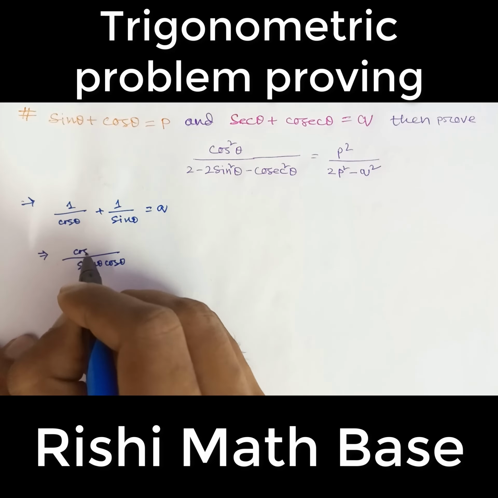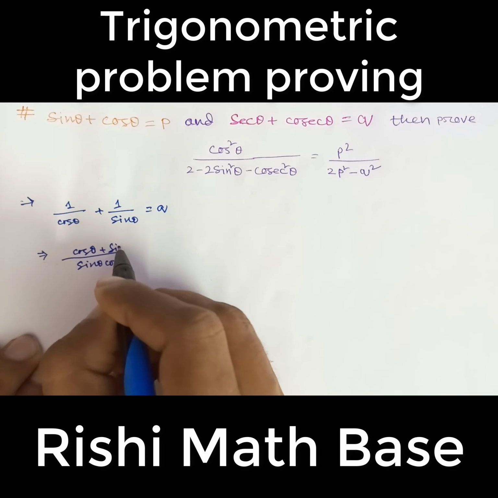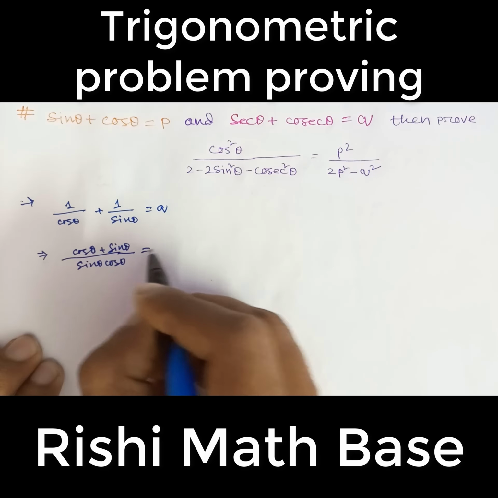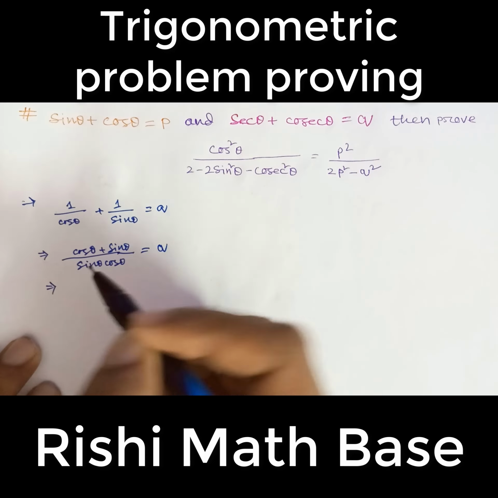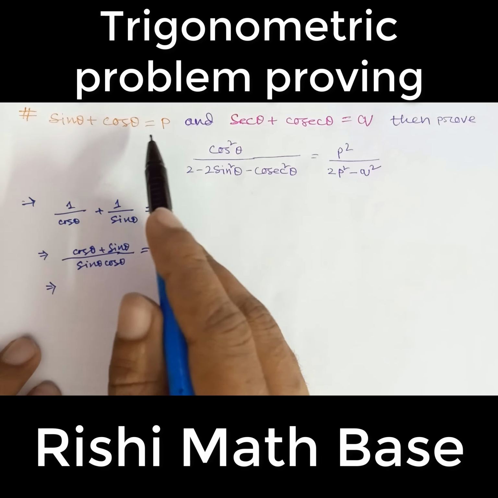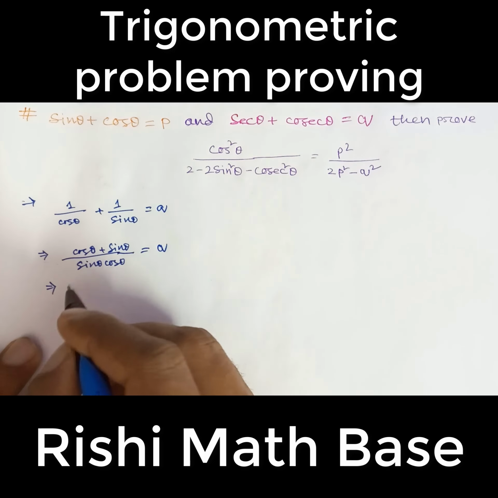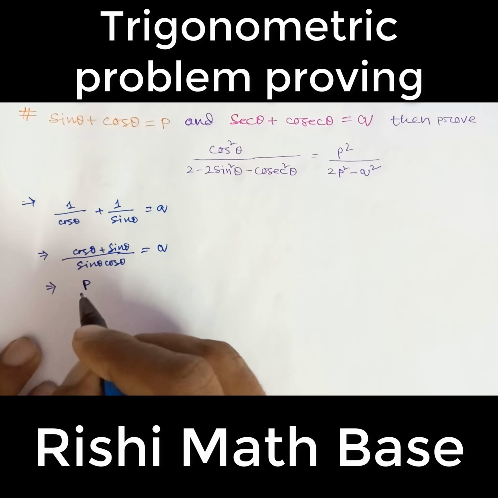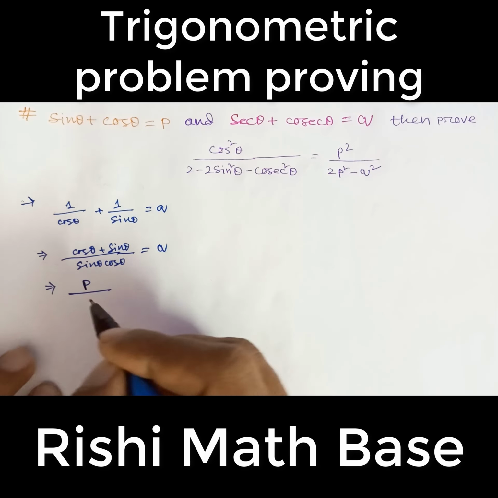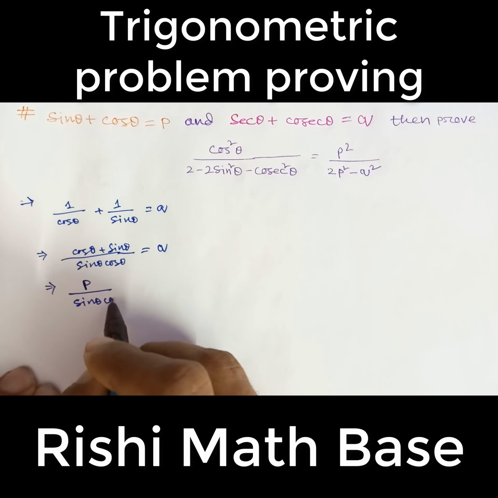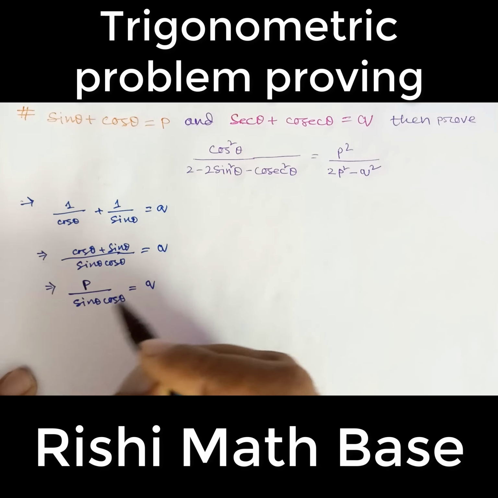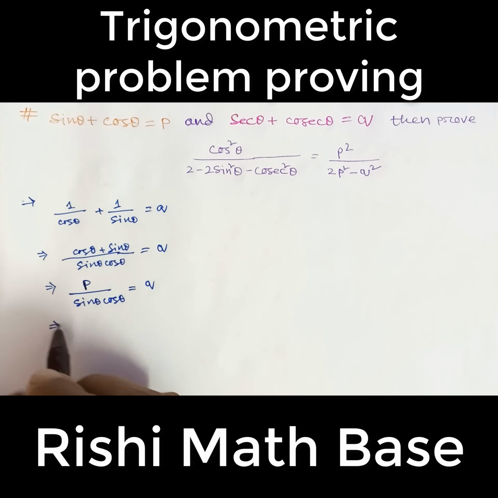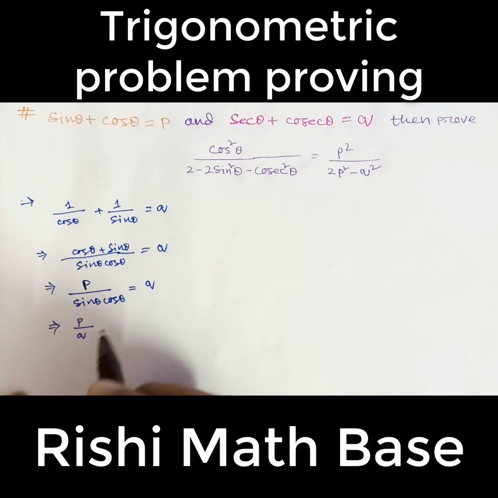So cos theta plus sin theta is equals to q. Here sin theta plus cos theta is equals to p, so we can write p by sin theta cos theta equals to q, or p by q is equals to sin theta cos theta.